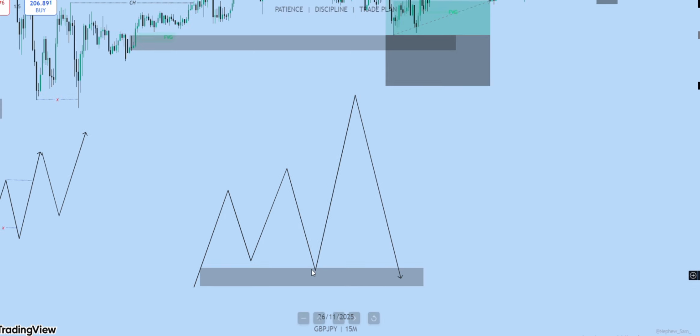This demand zone, price first tapped on it here, which means price has mitigated it. Hence, any demand zone or supply zone you draw, once you see any candle touching it, either wick or body, know that that demand zone is mitigated. So chances are that it cannot hold again.